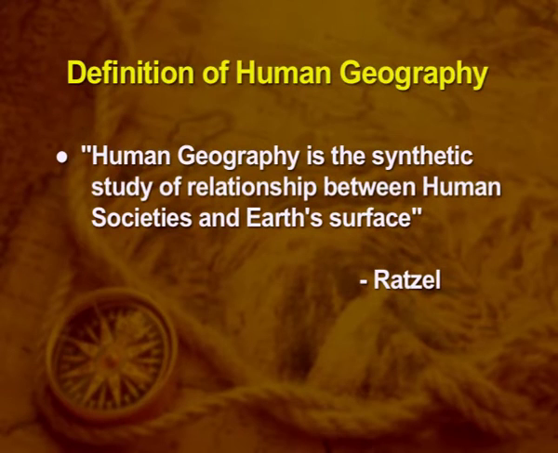Given are a few definitions by the world's renowned geographers. Let us look into their perspective, how they define geography. Ratzel defined geography somewhat like this: human geography is the synthetic study of the relationship between human societies and the Earth's surface.